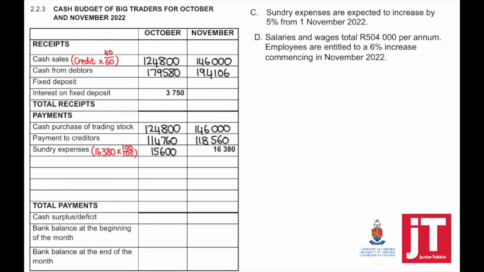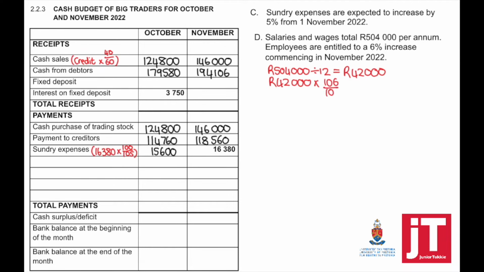Salaries and wages total 504,000 per annum. Employees are entitled to a 6% increase commencing in September 2022. So step number 1, find out the total or the monthly salaries and wages. Take 504,000 divided by 12.